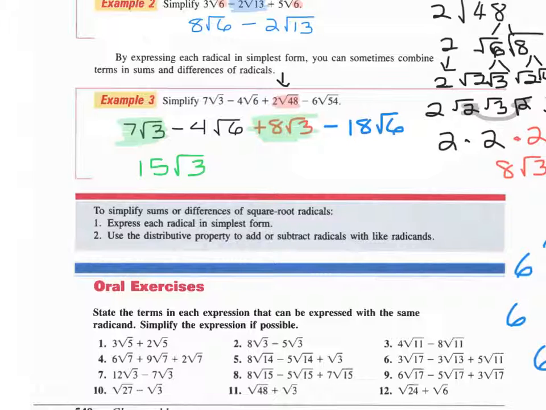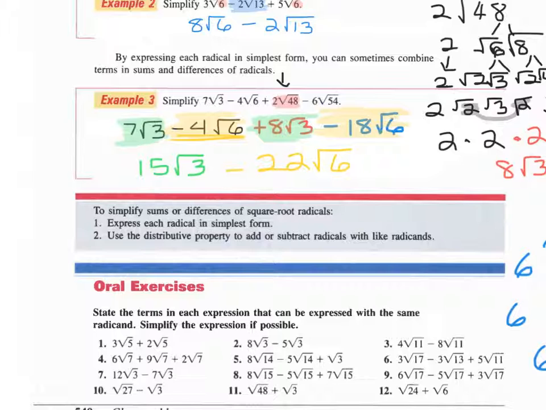Then I'm going to go back and add negative 4 square root 6 minus 18. So I take the sign that's directly in front, and that's going to give me negative 22 square root 6. Now I'm done. I could factor that 6 into 2 times 3, but that doesn't help me because I need to make a pair in order to get rid of things.